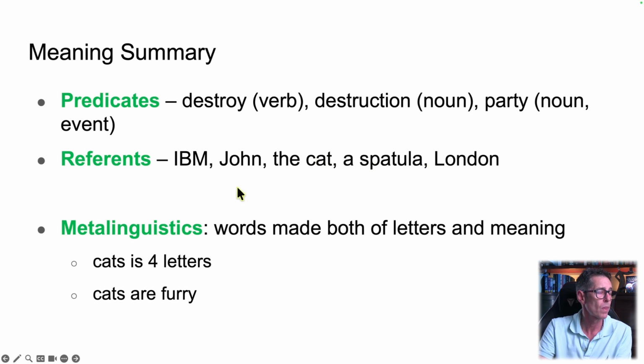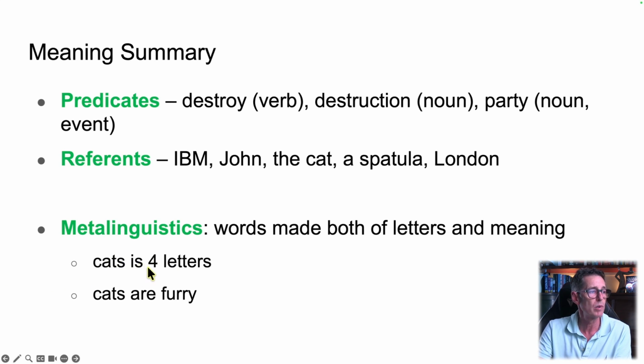phrase. And I like to say language isn't easy because we can describe everything that we experience. And in the case of this concept of metalinguistics, when I say "cats is 4 letters," you probably think, wait a minute, that's not right, because syntactically cats is plural, and therefore we should say "cats are 4 letters." But what we're actually saying here is cats, the word.